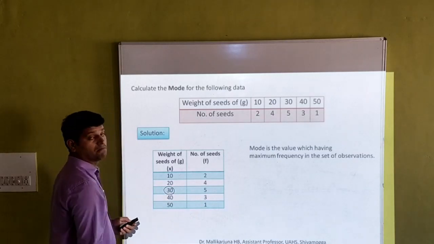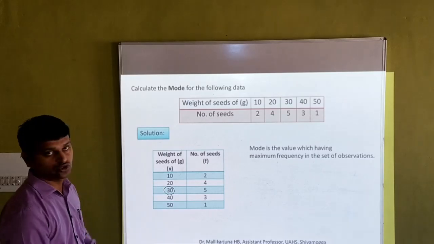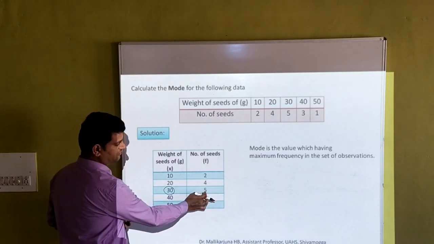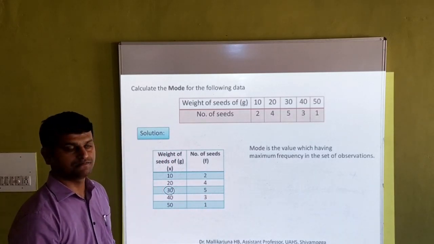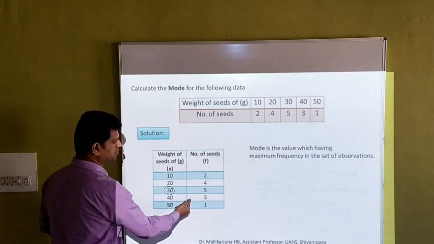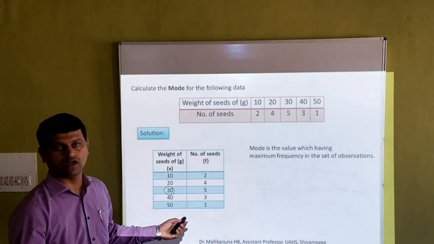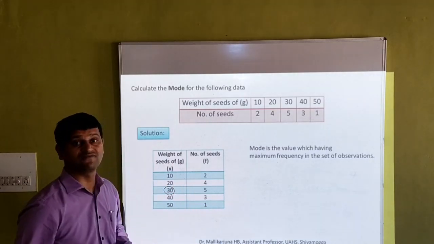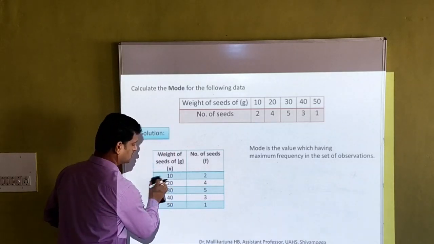So mode is 30. If I take these observations in the raw data, 30 is repeated the maximum number of times, 5 times. From the raw data only we made the discrete frequency distribution. That's why here mode is 30.